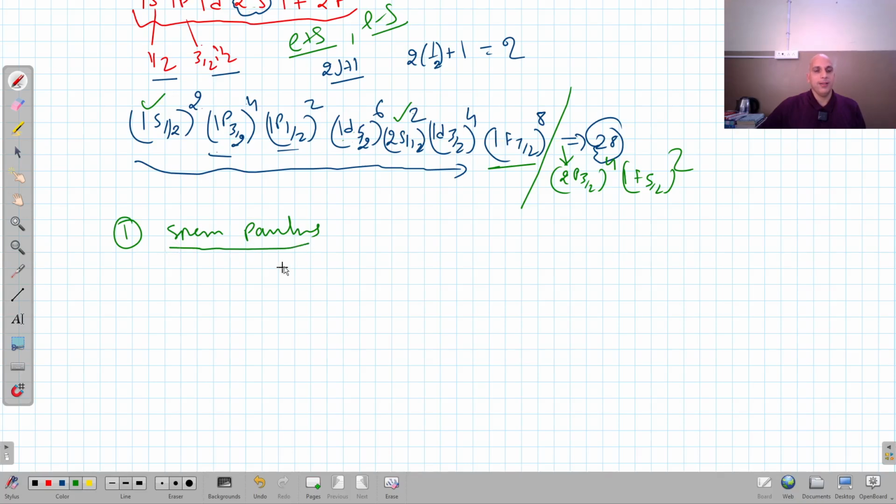As far as spin is concerned, we know even-even nuclei have zero spin because all the nucleons are paired, whereas even-odd nuclei have a half-integral spin, as I have told you in nuclear physics, and that will be calculated from this configuration. I mean, whether the odd nucleon is a proton or a neutron, it will depend upon that.